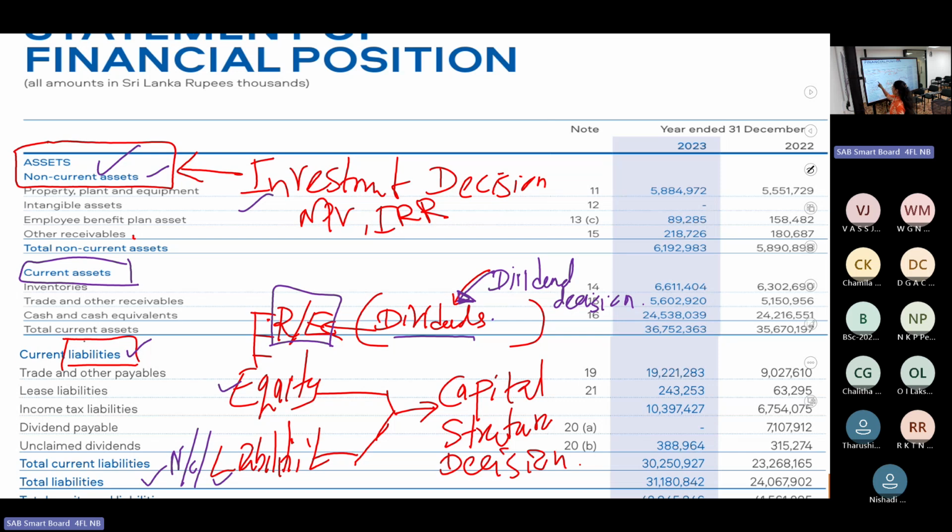It is none other than the working capital management decision that we are going to discuss today. Working capital management practices: it always looks at current assets, balancing current assets as well as balancing current liabilities.